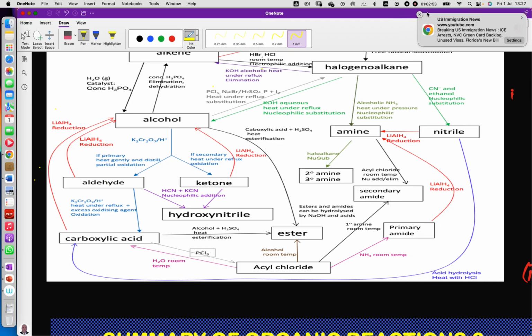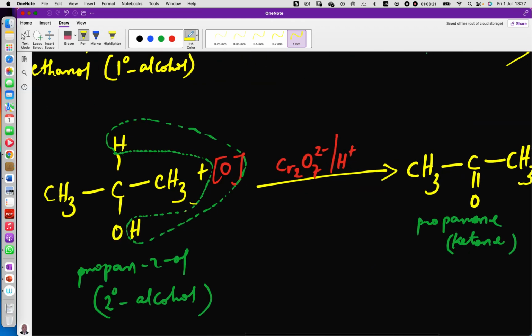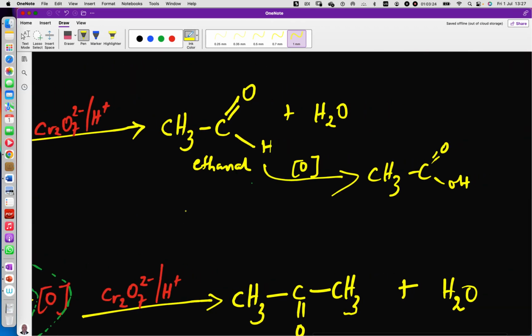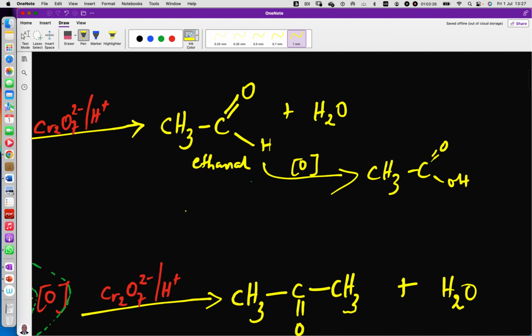It should also be remembered that aldehydes are further oxidized to carboxylic acid, as I showed you, ethanal to ethanoic acid.